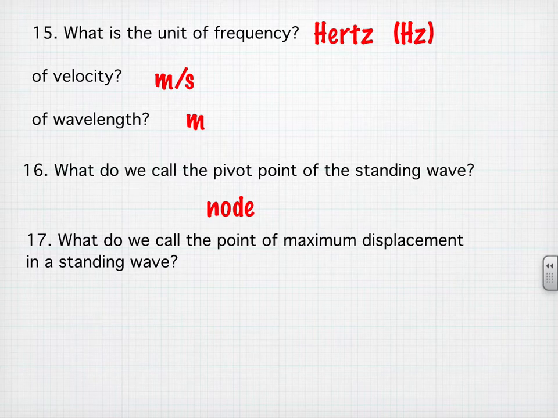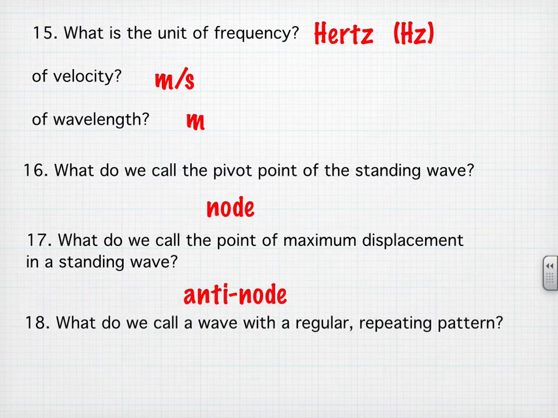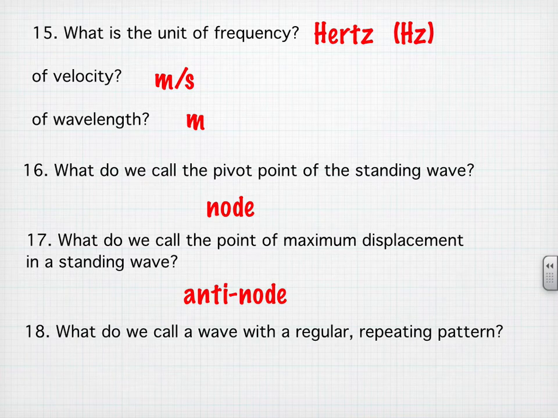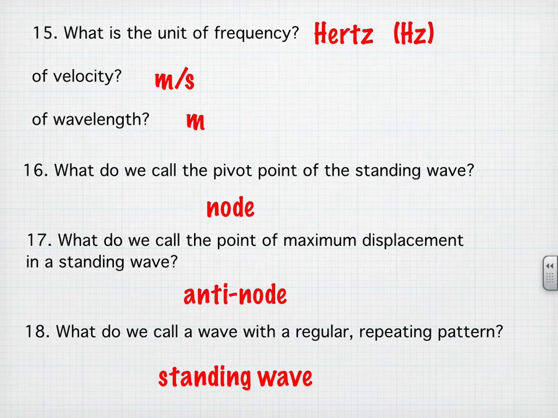Instead of being the node, they were the antinodes. What do we call a wave with a regular repeating pattern? Standing wave. Those were standing waves. Super easy, right?